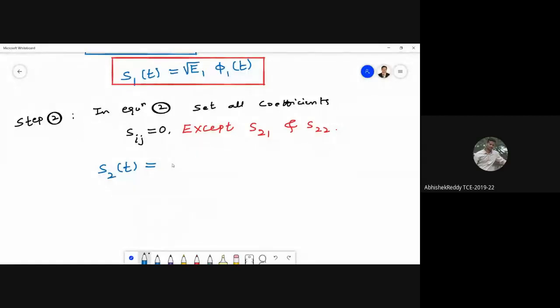S21 pi 1 of t plus S22 pi 2 of t. Very good. So this is the expression I get. The rest of the terms all become 0, right? So can I call this equation 6, if I am correct? I am continuing with that.